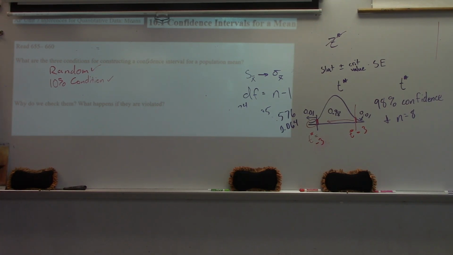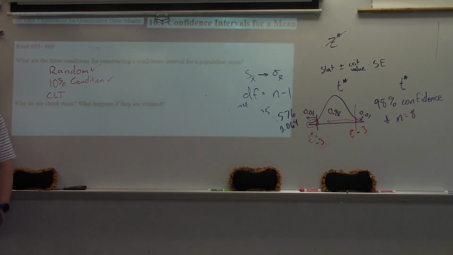Central limit theorem. Remember, guys, the large counts condition helped us check that a sampling distribution of proportions was approximately normal. But for means, we need the central limit theorem. But pause for a second. I just told you we're going to be doing stuff with means with small sample sizes, so we're not always going to have a sample size greater than 30.